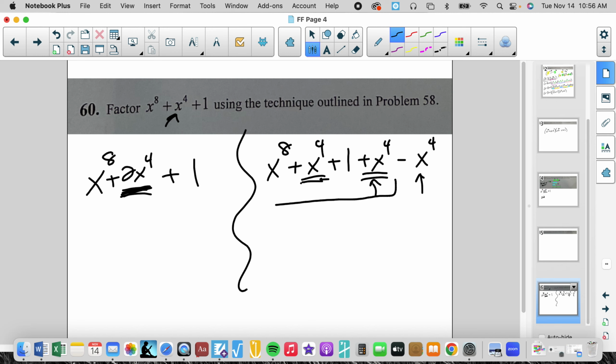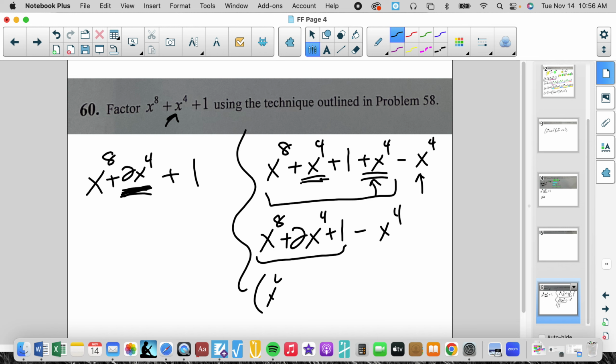So this now becomes x to the 8th plus 2x to the 4th plus 1 minus x to the 4th. And we like this because this is a binomial square. And so now this can be written as x to the 4th plus 1 quantity squared minus x to the 4th.